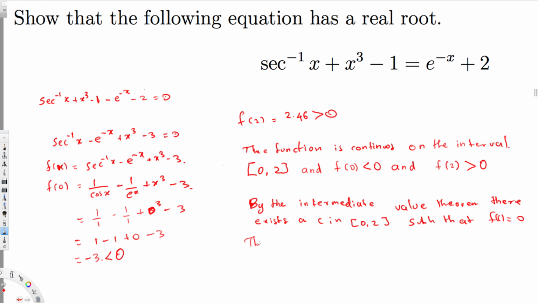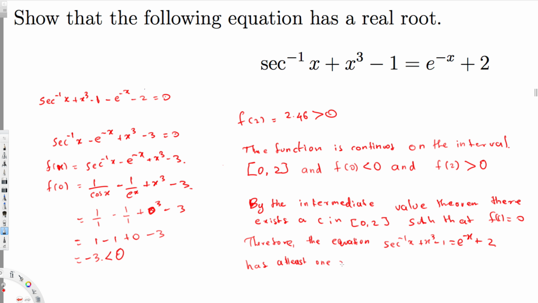Therefore, the equation sec inverse x plus x cube minus 1 equals e power minus x plus 2 has at least one real root.